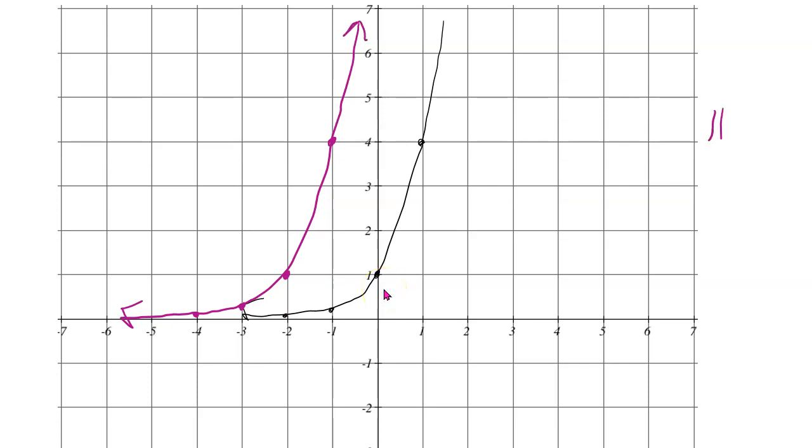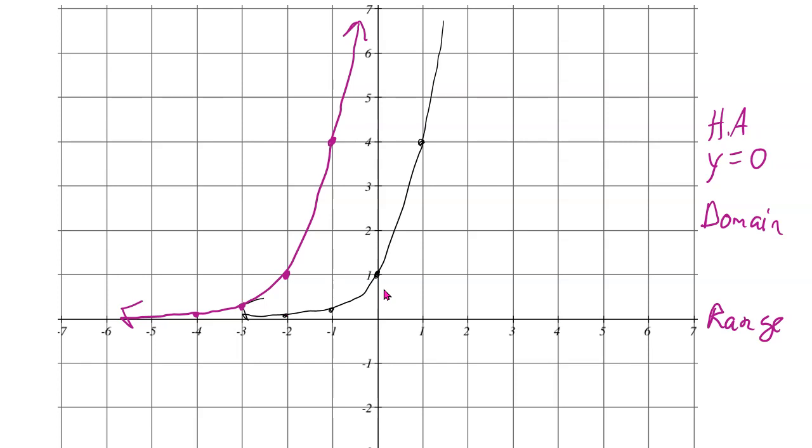Now we need to give the horizontal asymptote and the domain and the range. Can you see that in the picture, the horizontal asymptote has not been changed? Therefore, it's still the x-axis, which is the equation y equals 0.